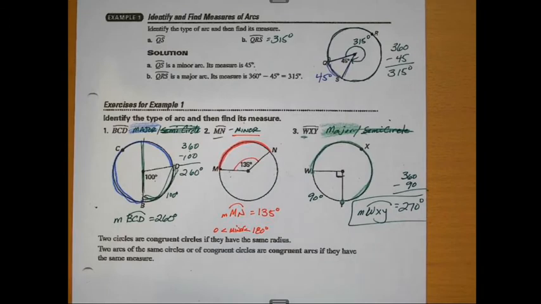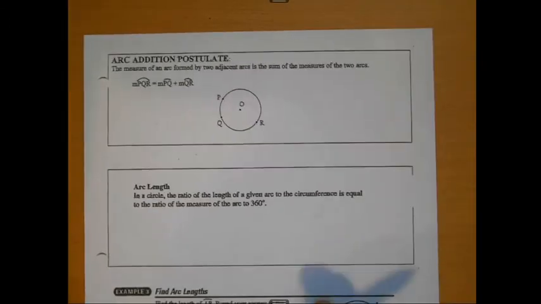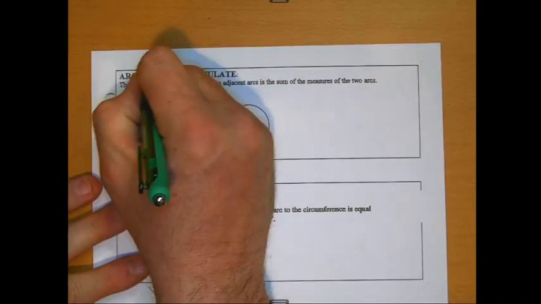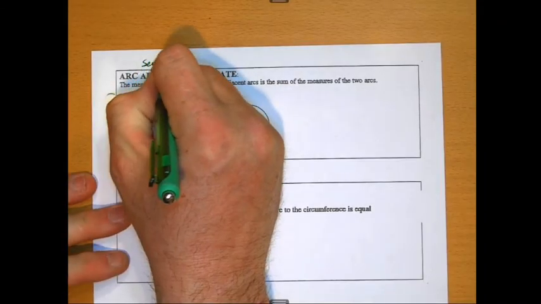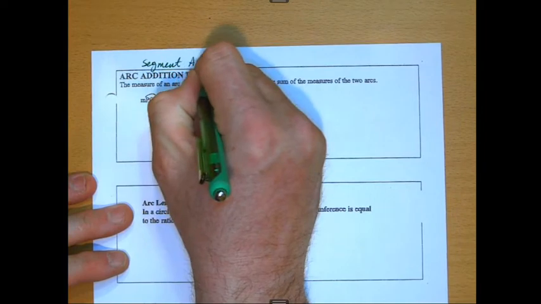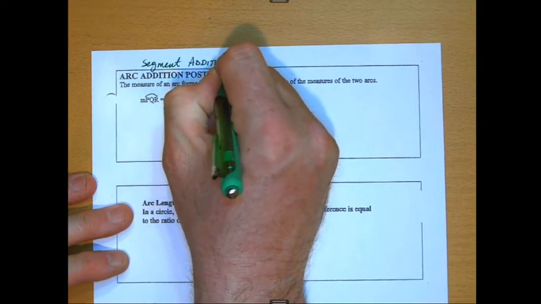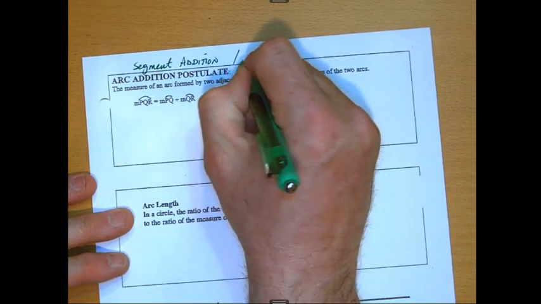Okay, let's take a look at the arc addition postulate. That sounds really familiar because we had the segment addition postulate and we also had angle addition.